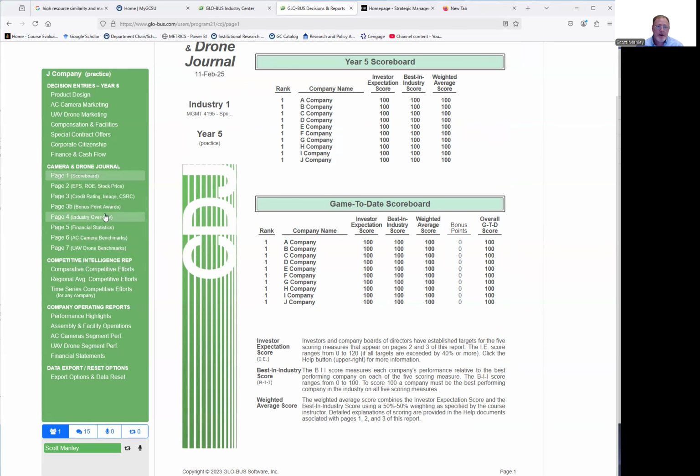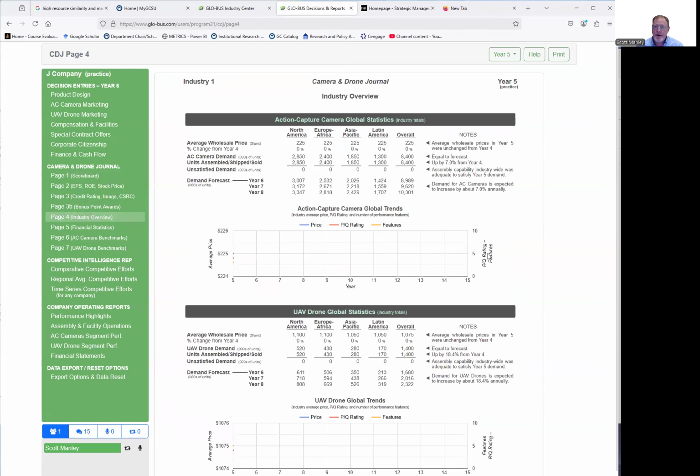All right. Page 4 of the report is the industry overview. As things start to fill out, you will see the graph being built. Right now, everybody's selling their camera for $225. Everybody has the same 10% market share. It tells you what demand is. It's expected to increase 7% in year 6, and it was up by 7% in year 5 from year 4.